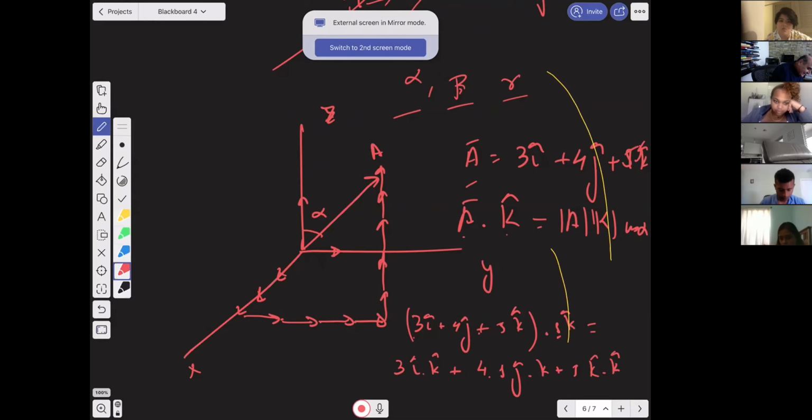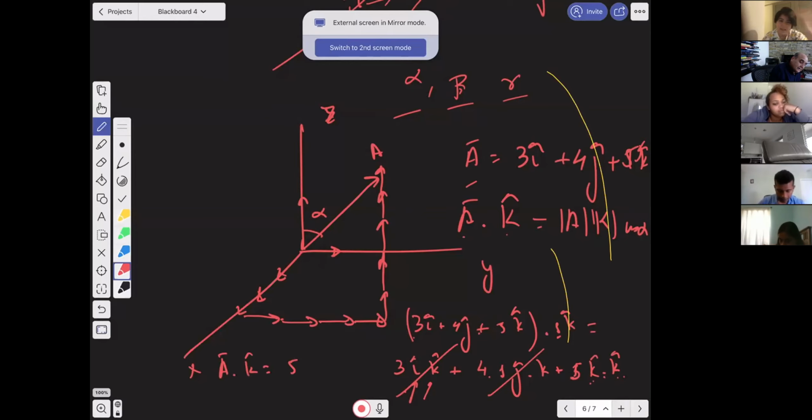How much is i dot k? 0, because they are perpendicular. The dot product is the magnitude of the first by the magnitude of the second by the cosine of the angle they form. Cosine of 90 is 0, so this is 0, and this is 0. What is k dot k? 1. So the scalar product of A dot k will be 5.